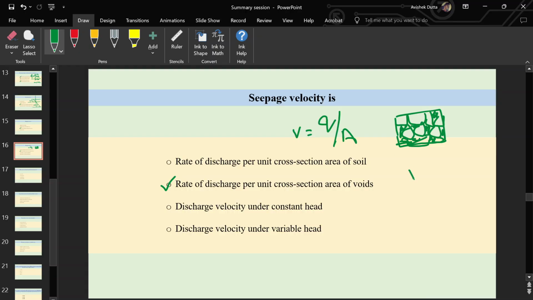This is seepage velocity Vs, which is Q by the area occupied only by the voids. So naturally Vs is becoming more than V. So seepage velocity is more than the discharge velocity, right? Or is it wrong?